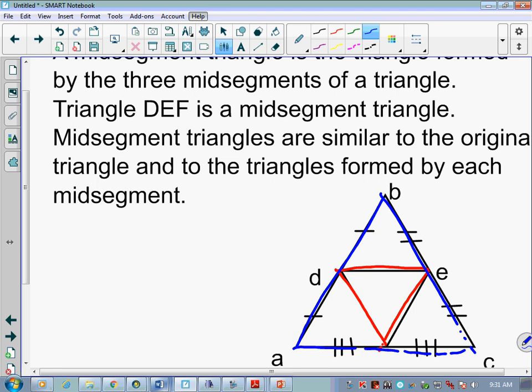All right, so the proportion should remain the same. And these triangles should be, for the most part, kind of congruent to each other. So all four of those triangles will have a relationship. They're similar to the original triangle and to the triangles formed by each midsegment.